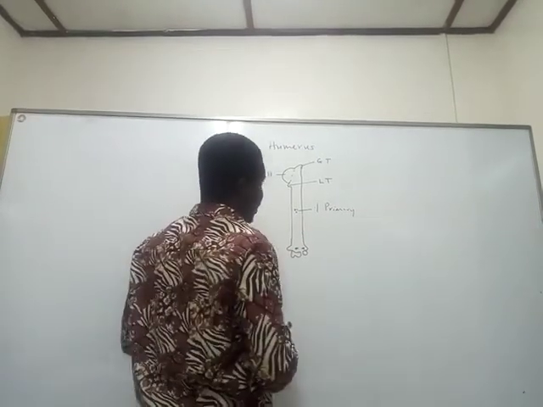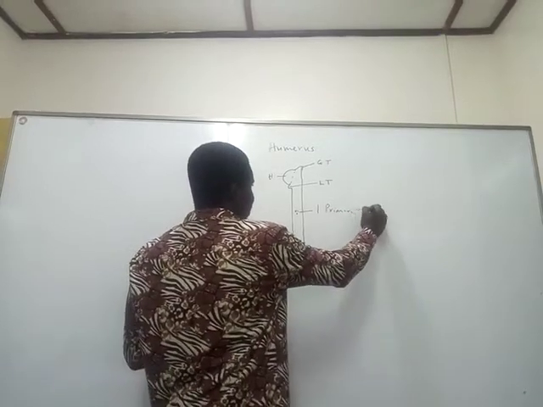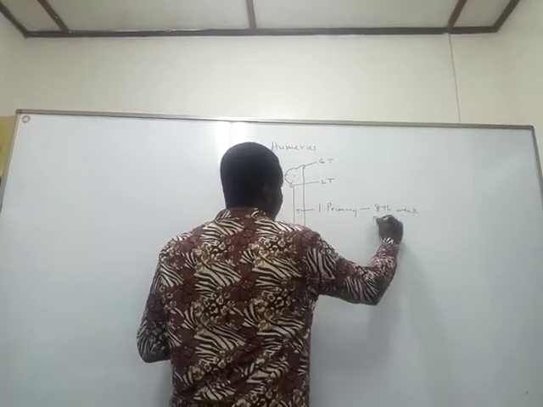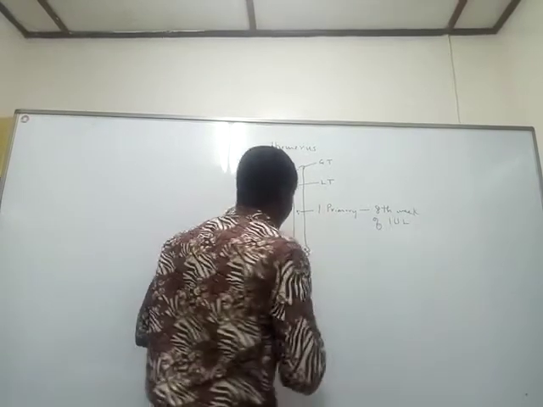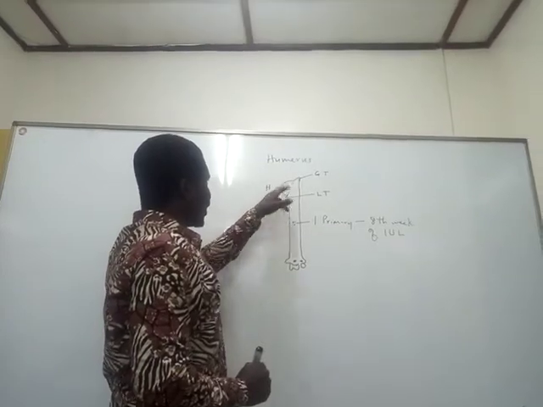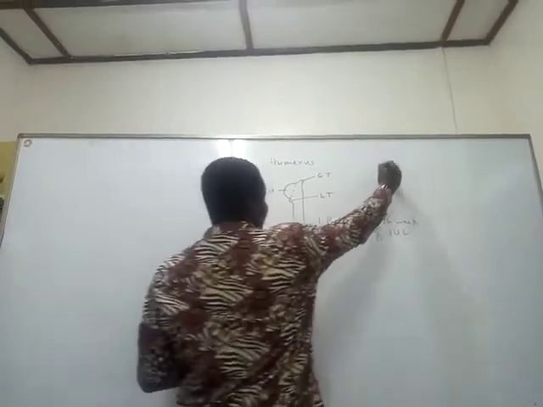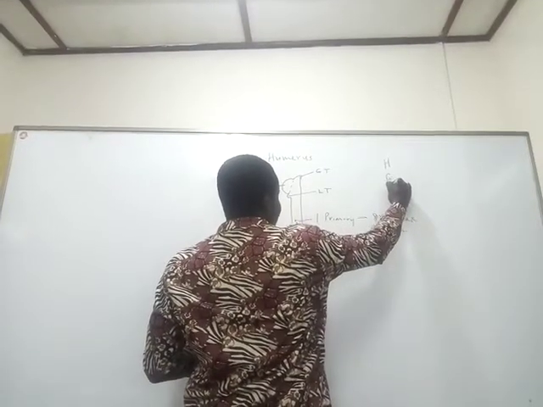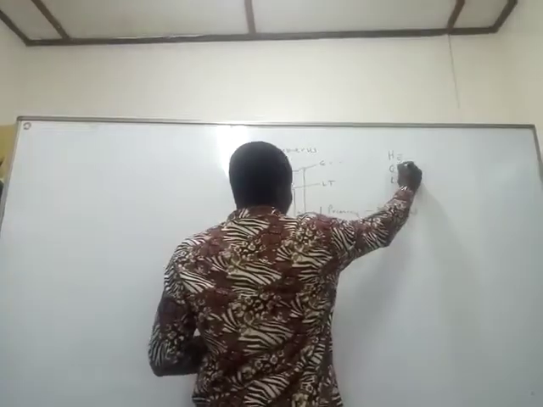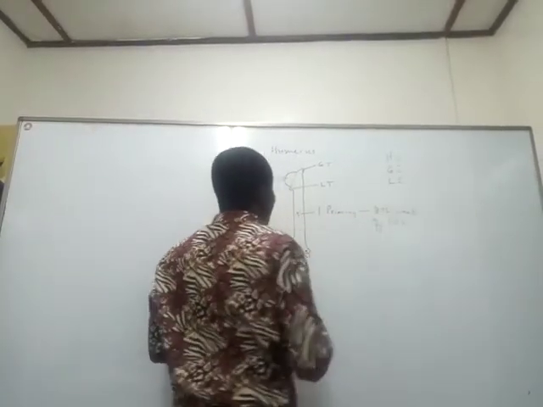1 primary center. And this ossification center appears around the 8th week of intrauterine life. And proximally, you just remember HGL: H for the head, G for greater tubercle, and L for lesser tubercle.